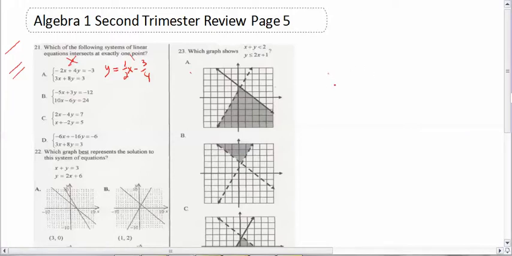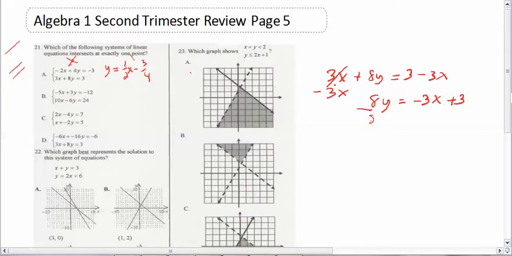Okay, so I've got 3x plus 8y is equal to 3. Subtract 3x from both sides. I have 8y. Move my negative 3x to the front. Plus 3. Divide by 8.